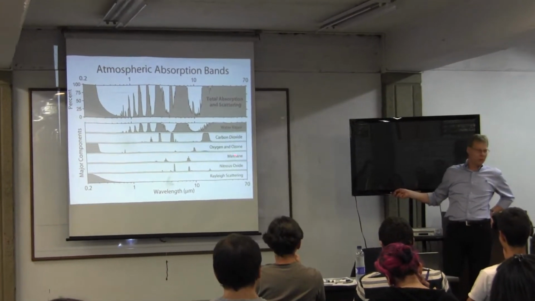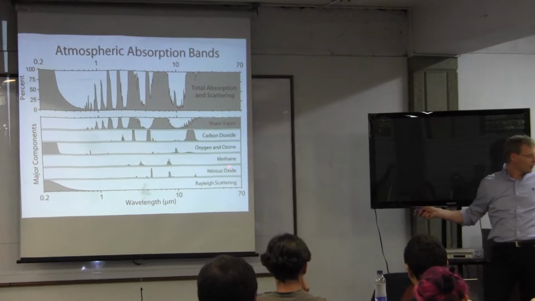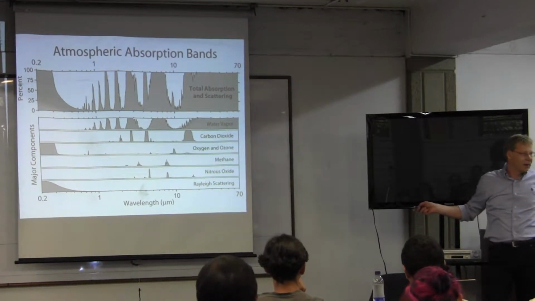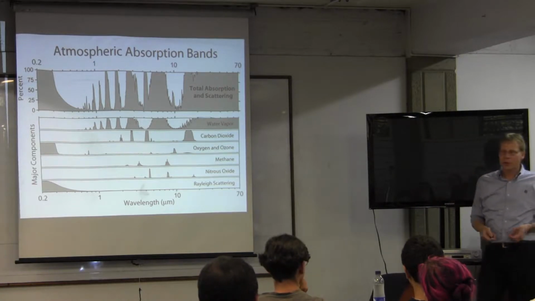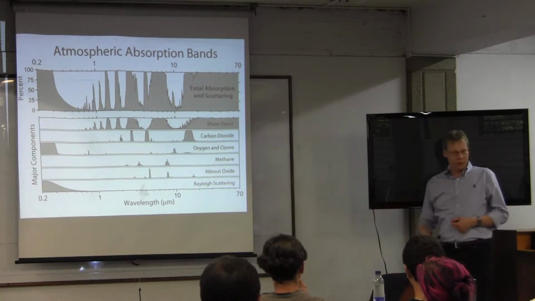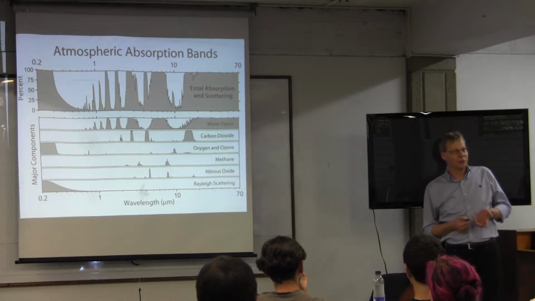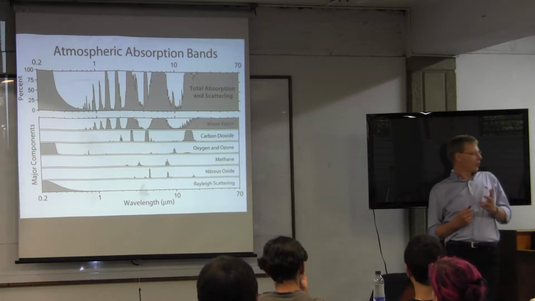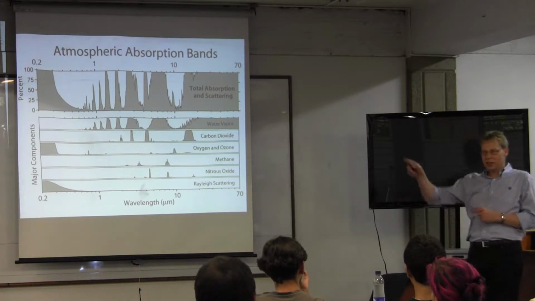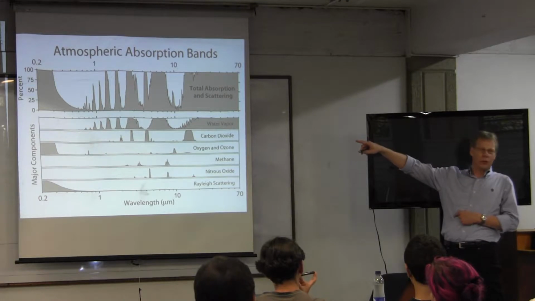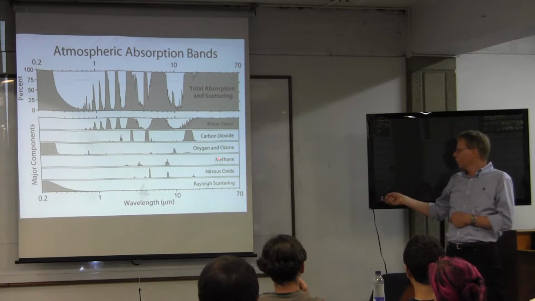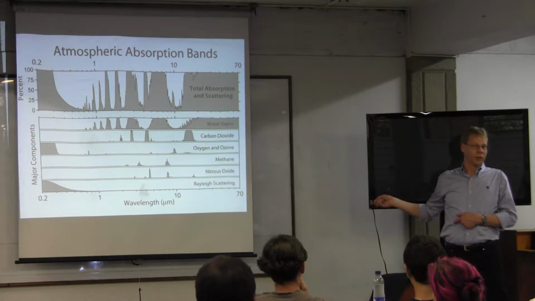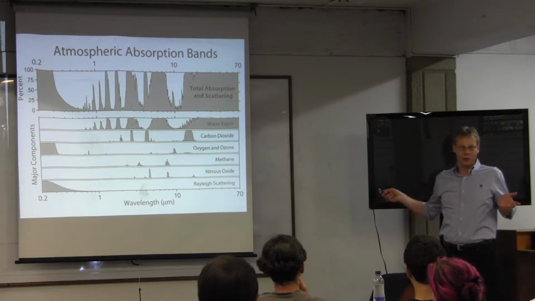It's a key molecule that you would like to observe in exoplanets. And once you see methane, of course, then it's a good measurement of the composition of the exoplanet atmosphere. The only problem is the light that comes from the exoplanet goes through the atmosphere of the exoplanet, and then it goes through our atmosphere. And it's also methane.